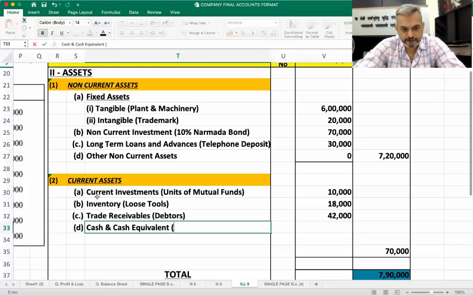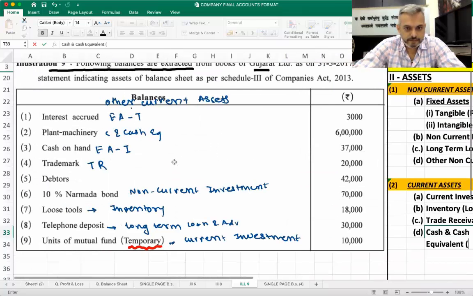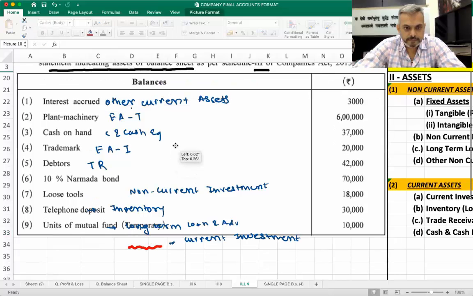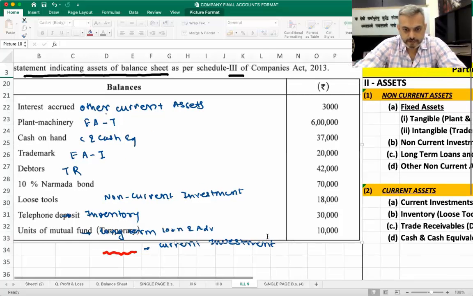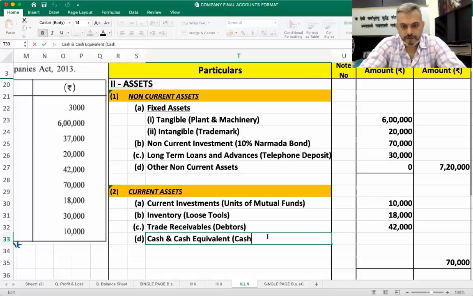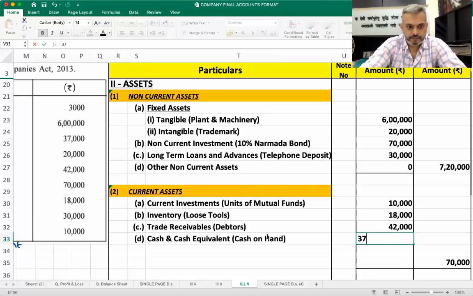What do we have in cash and cash equivalent? Okay. Cash and cash equivalent, we have cash on hand. So cash on hand. Amount is 37,000.